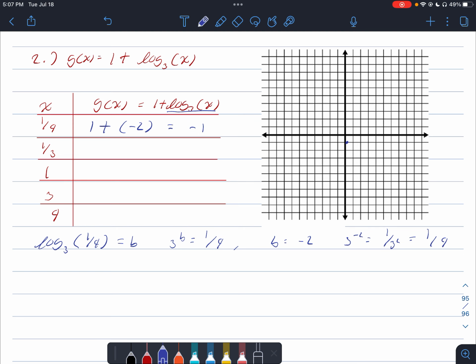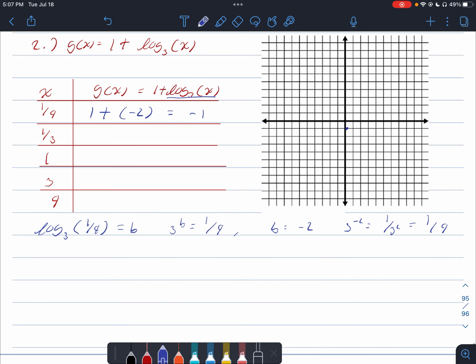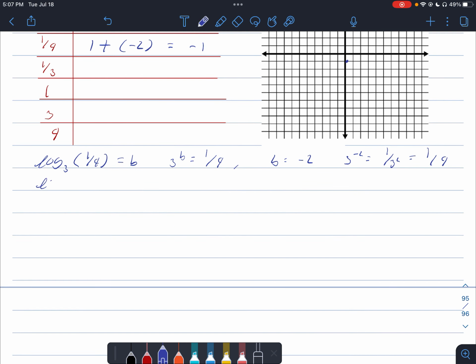Okay. All right, so let's try maybe x equals 1/3. So if we have log base 3 of 1/3 equals b, that means 3 to the b equals 1/3. So what value of b would give us 3 to the b equals 1/3? Well, here that would be b equals -1.